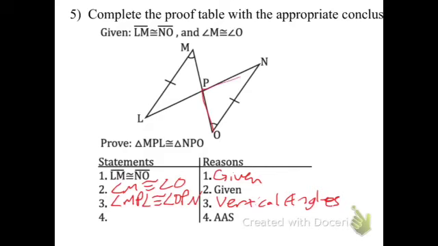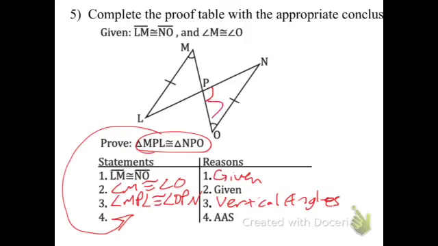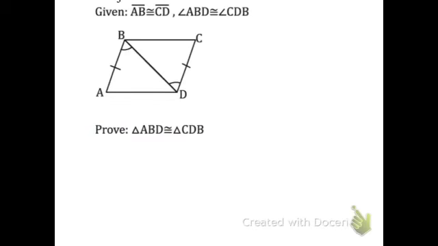And yes, you need to put them in that order because those are the angles there centered at P. And this is what we're trying to prove, and that's our last conclusion. Triangle MPL is congruent to triangle NPO, and it's by angle, angle, side, because we have angle, angle, side on both triangles. Moving on to the next one.